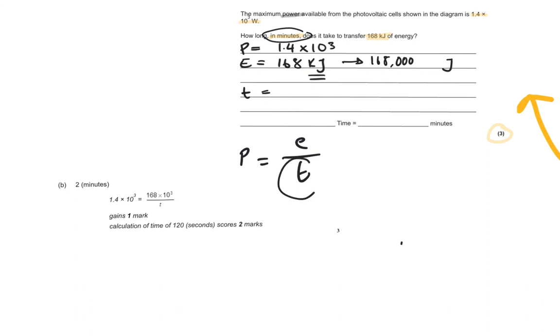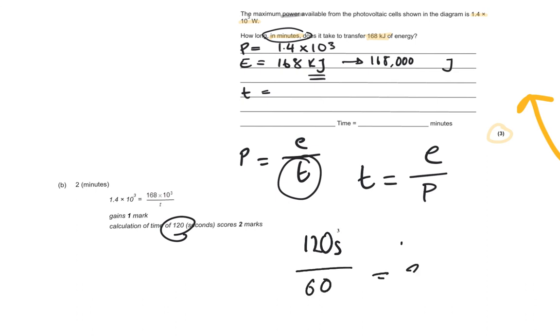And that time is our missing quantity, so we will need to rearrange that to energy transferred over power. Now, if we do that, we will get a value for seconds, and that should give you an answer of 120 seconds. To get into minutes, we divide that by 60, and that would be 2 minutes.